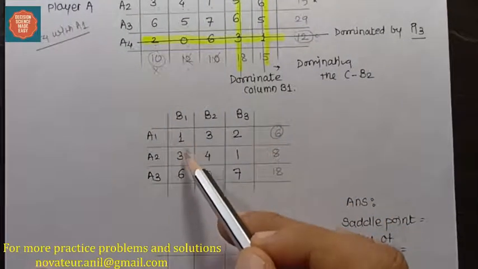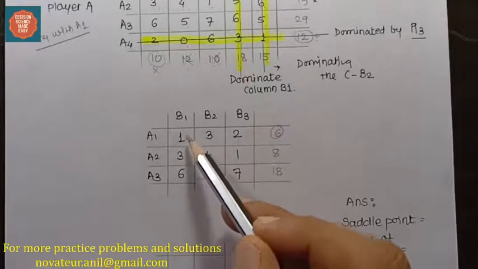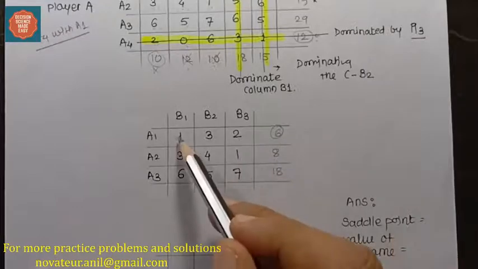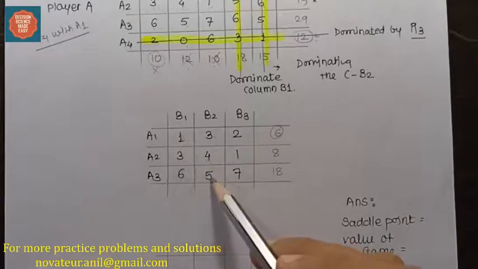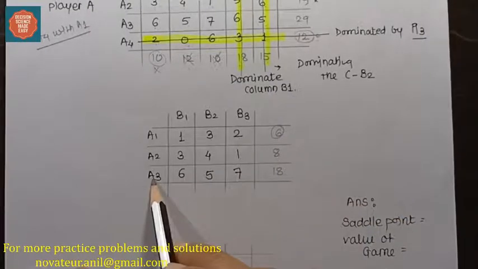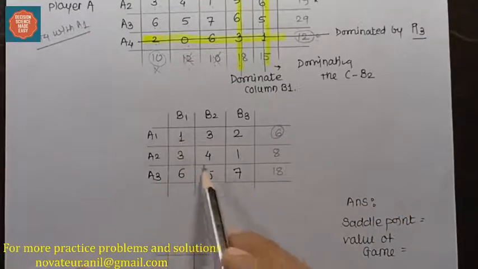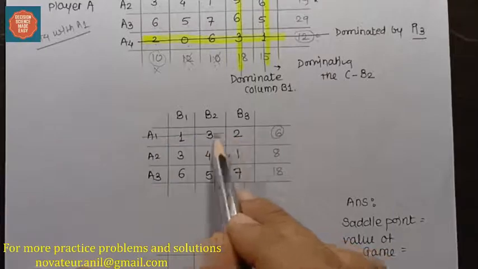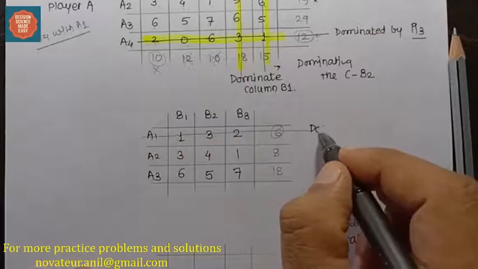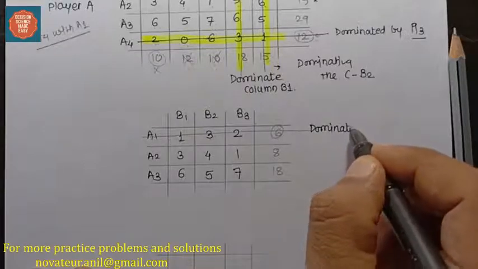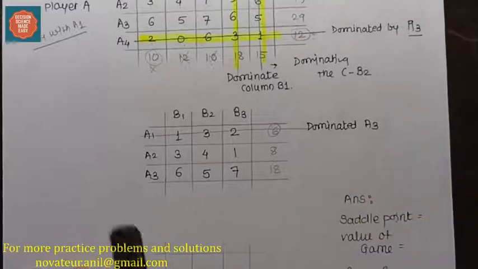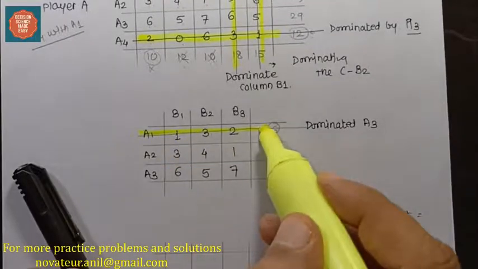Let's compare. 3 is greater than 1, correct. 4 is greater than 3, correct. 1 is greater than 2, no. 1, 3, 5, 3, 7, yes. So all the elements of a3 are greater than a1. So I can eliminate a1, and I'll write down here that it is dominated by a3. So here this got eliminated.